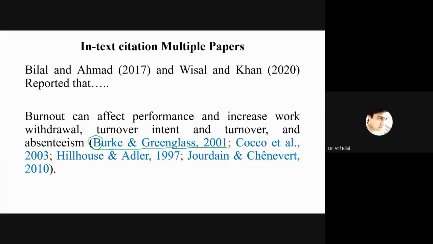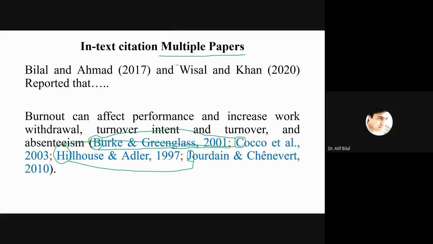As you can see, Burke is starting with B. So B is the only letter in these four papers which is coming at the start. There's no A. If A would have been here, then A would have been cited first. So B, and then you will be comparing it with this C, and then with, for example, this H, and then we get this J. So this is how you give order to your references when you're citing multiple papers.